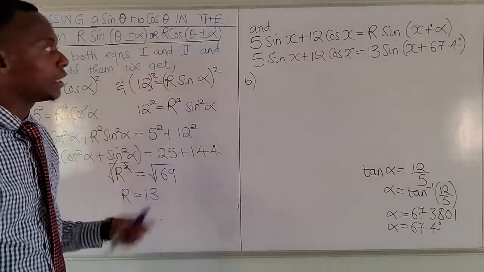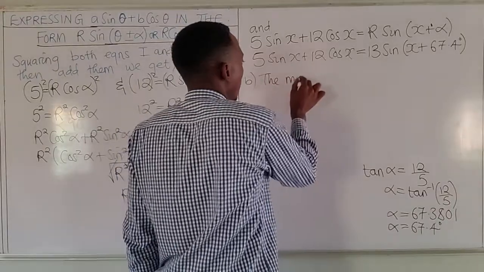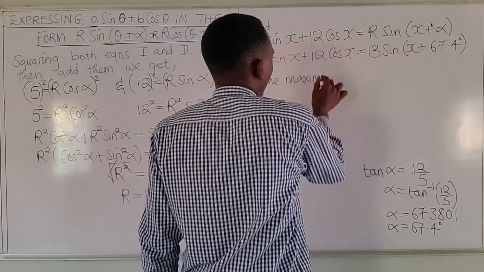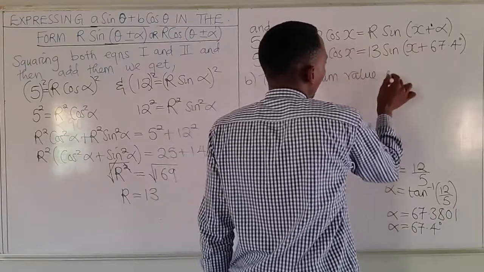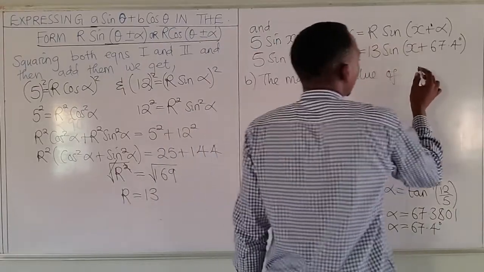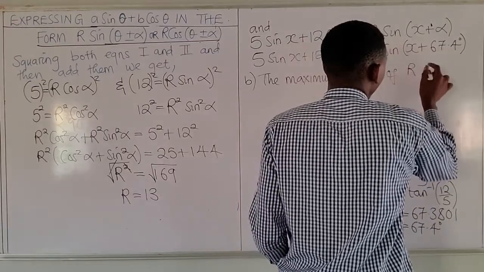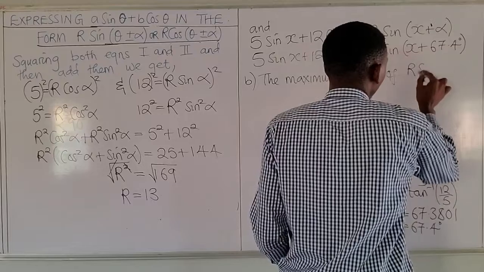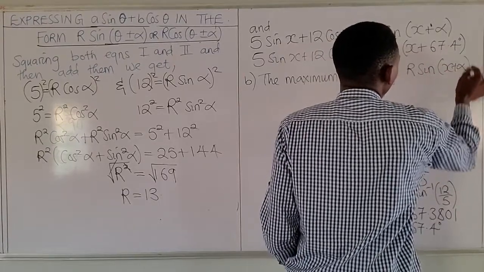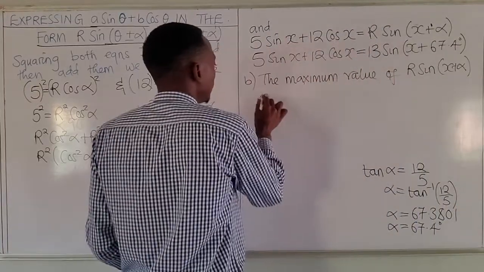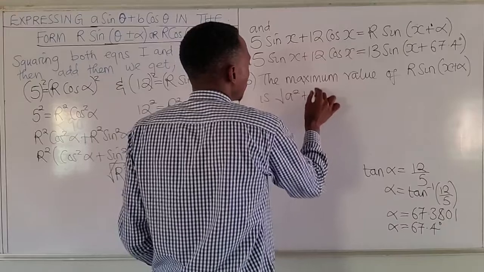So the maximum value of r sine x plus alpha is the square root of a squared plus b squared.